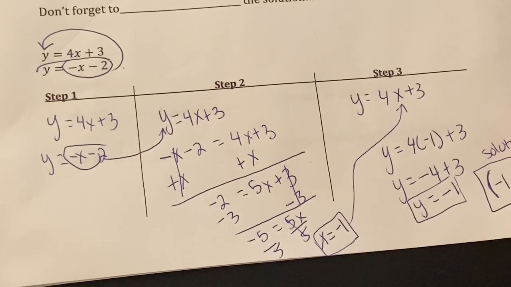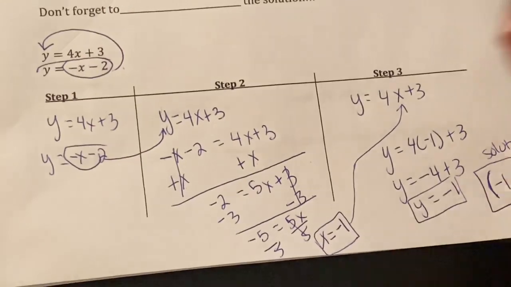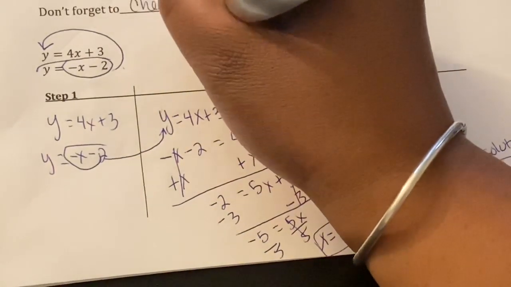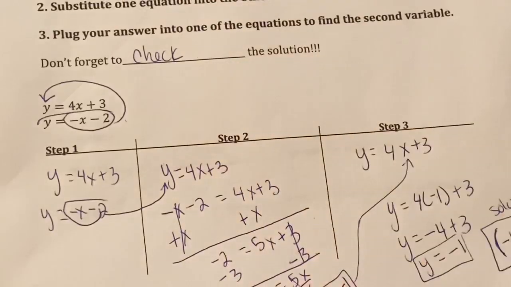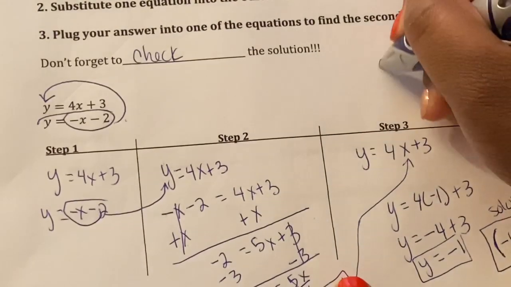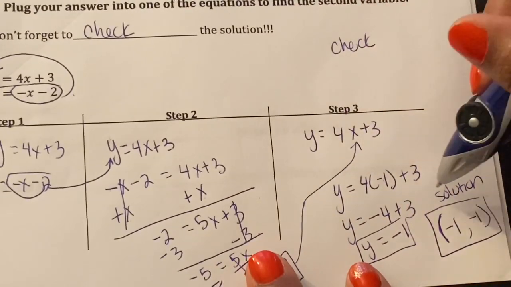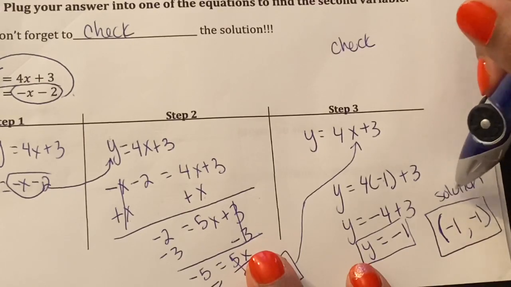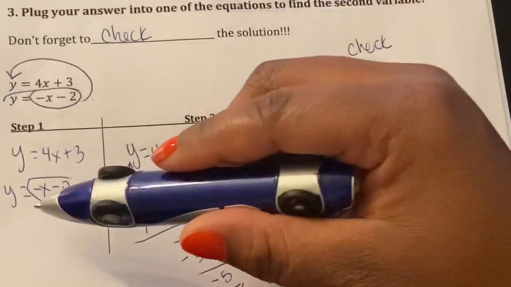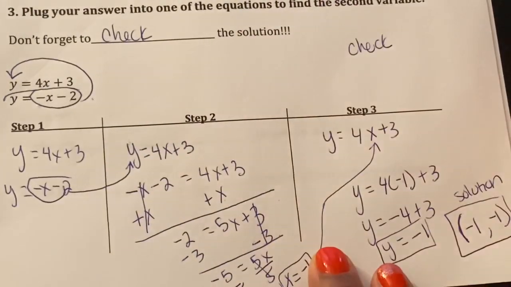Now, don't forget to check your solution. All right, let's check it here. We're saying that my solution, negative 1 and negative 1, is the solution to this system: y equals 4x plus 3, y equals negative x minus 2.